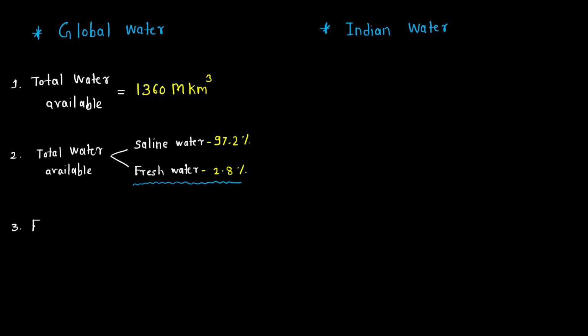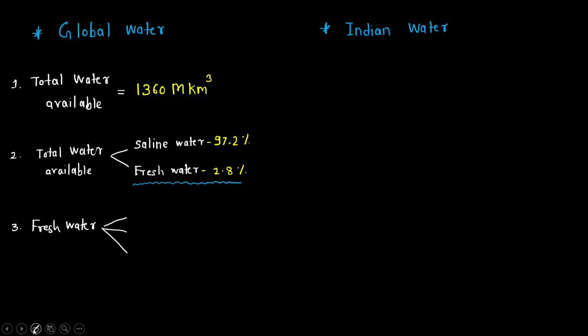This fresh water, as I already told you, is present in the form of glaciers, that is in terms of ice also. Then some water is present in the rivers, ponds, and some water is present underground, that we call underground water or groundwater. So this fresh water or drinkable water is further classified into three categories.